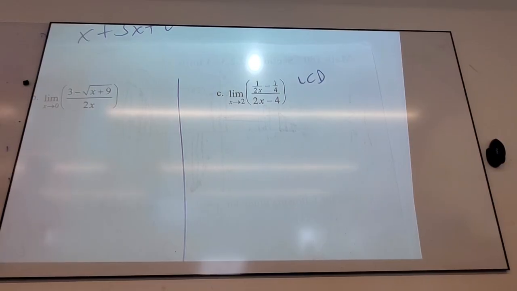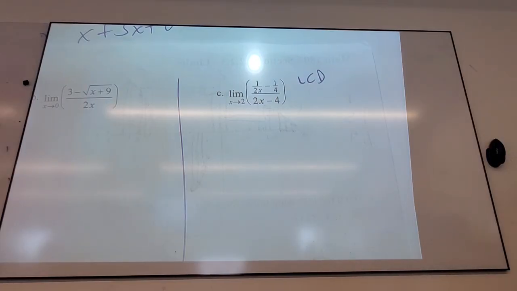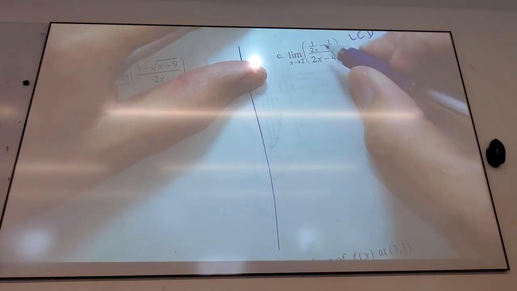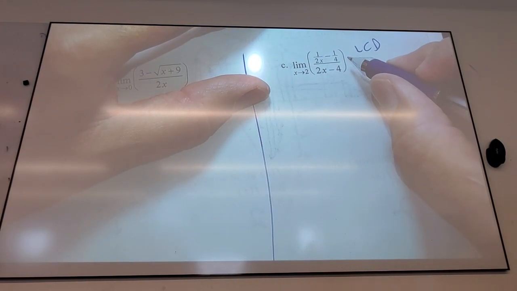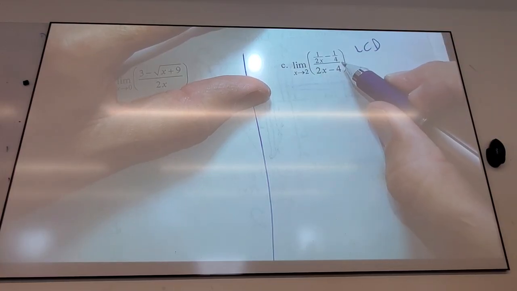So you look at the numbers, we look at the variables, you give everybody what they're missing. So what is the LCD for the top? What's the LCD for the numbers? 2.